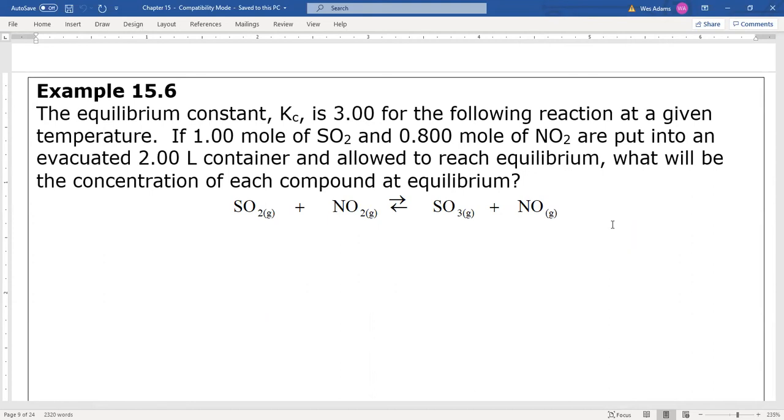So I'd have 0.500 molar SO2 and 0.400 molar NO2. And we want to know what the concentration of each substance is at equilibrium, but I'm given the equilibrium constant in this case. So we need to do some comparison. So let's look at that on paper then.